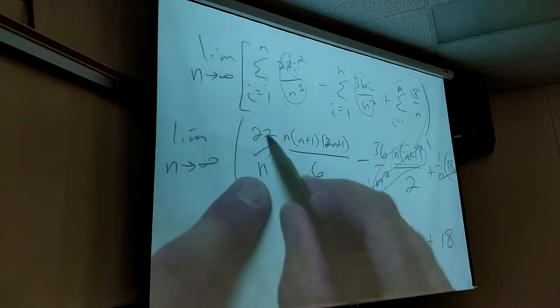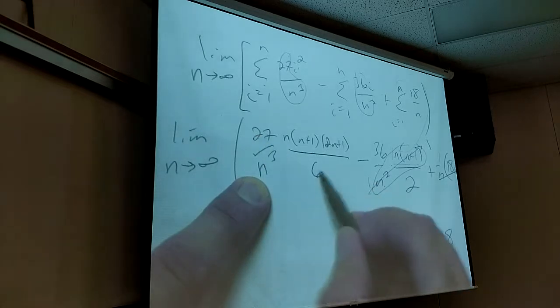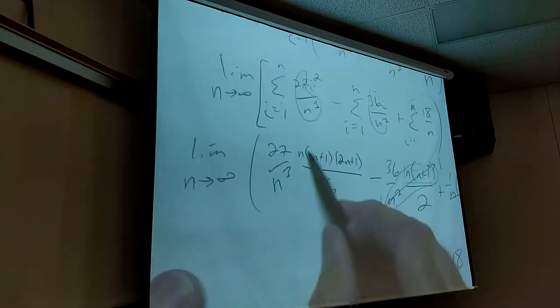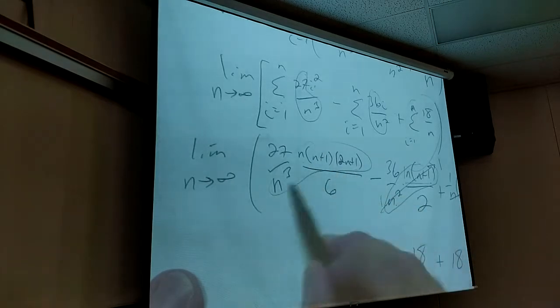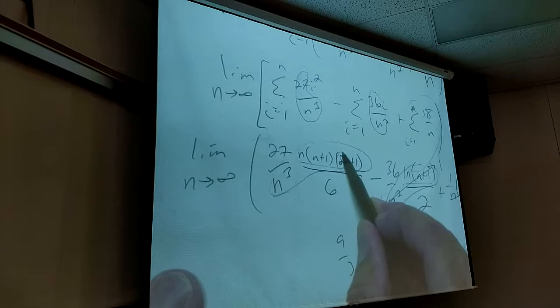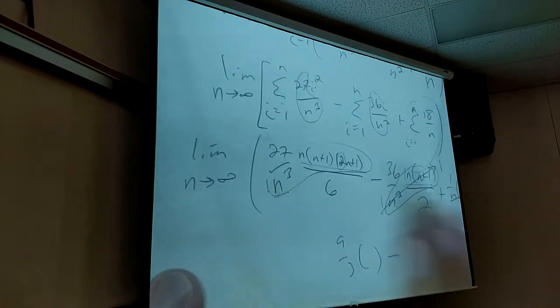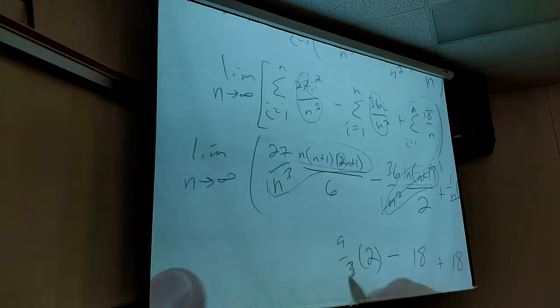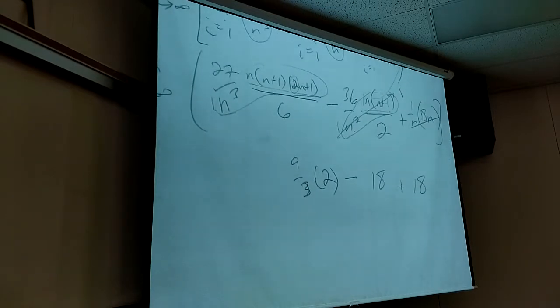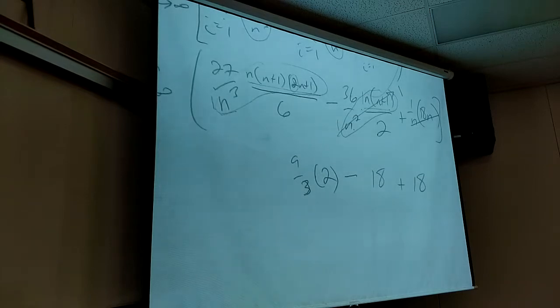What about here? 27 over 6 is 9 over 2. What's this limit going to be here? Well, the degrees are the same. What's the coefficient of the top? 2. And the coefficient of the bottom? So that limit's going to be 2. And of course, that's that good old shortcut for horizontal asymptotes from pre-calculus.